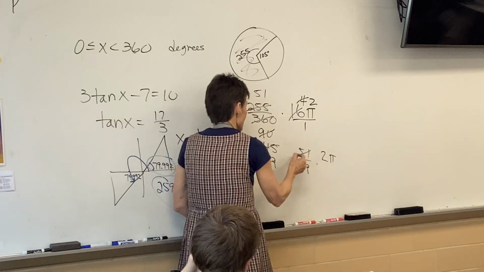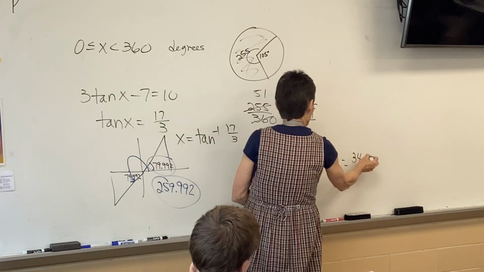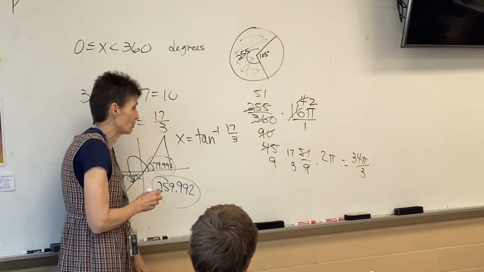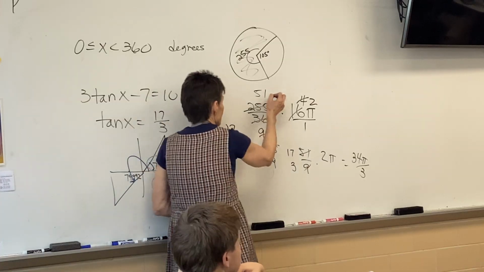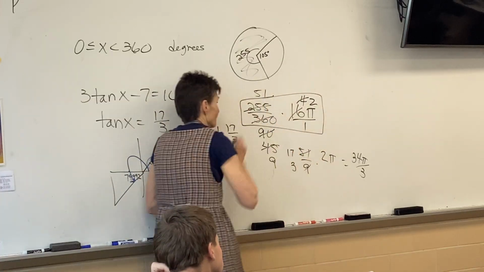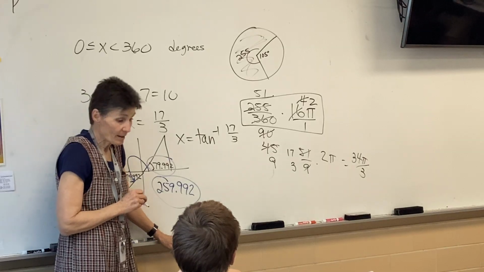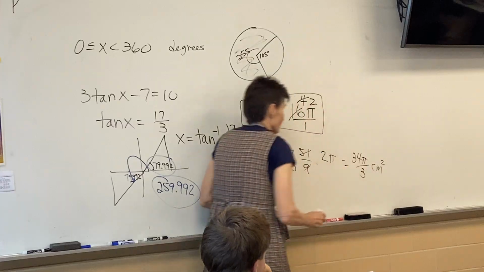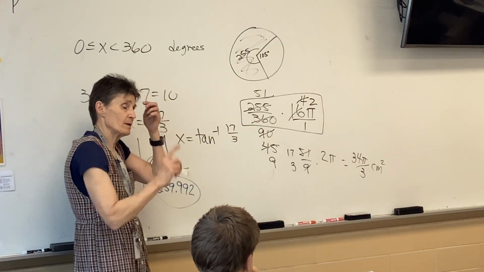So 3 goes into there, 17 thirds. I got 34 pi over 3. Now you'll have a baby calculator to help you with that arithmetic, but all that is just reducing the fraction. This is the problem right here. And that would be square centimeters. That's the area.